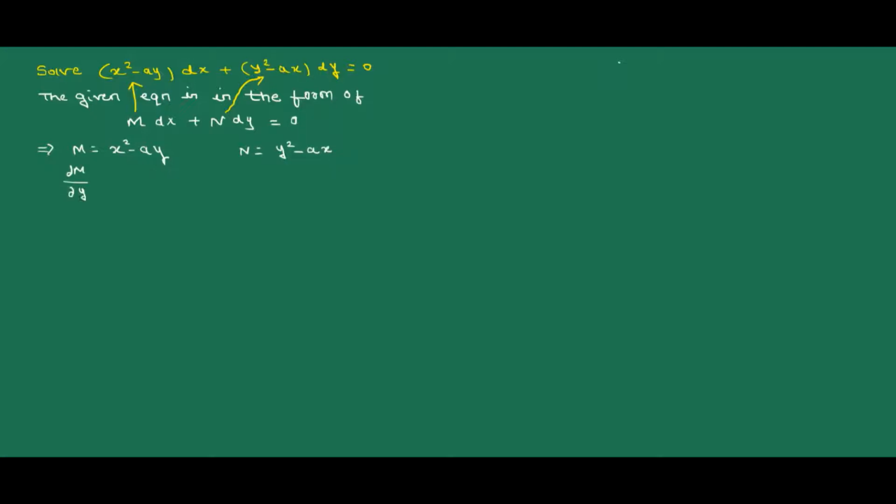Dou M by dou y is nothing but you have to differentiate M partially with respect to y, treating x as constant. So here x square is constant, differentiation is 0, minus a is constant, as it is, differentiation of y with respect to y is equal to 1. So here dou M by dou y is equal to a.